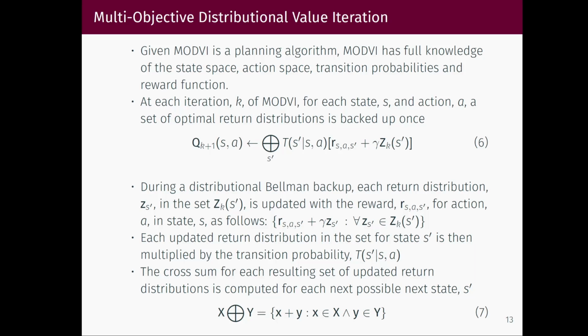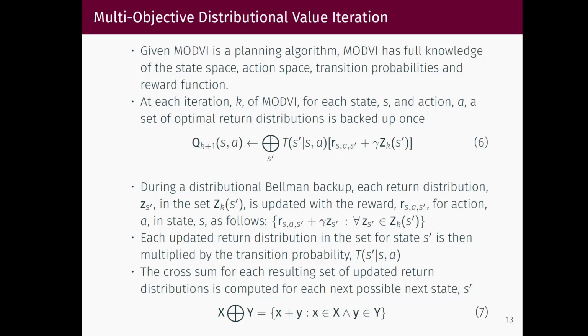Given MODVI is a planning algorithm, the algorithm has full knowledge of the state space, action space, transition probabilities, and reward function. So at each iteration of the algorithm, we can, for each state and action, back up a set of optimal return distributions. We can see how this is done in equation 6.